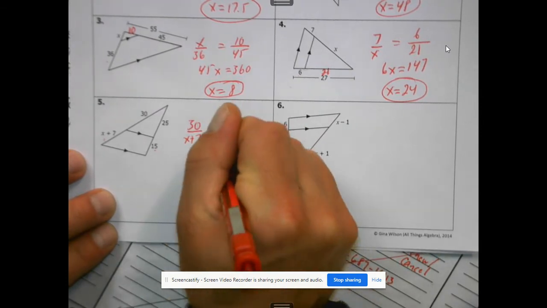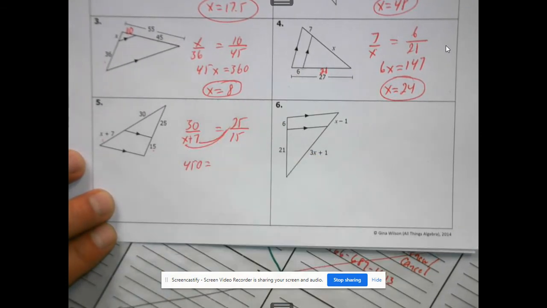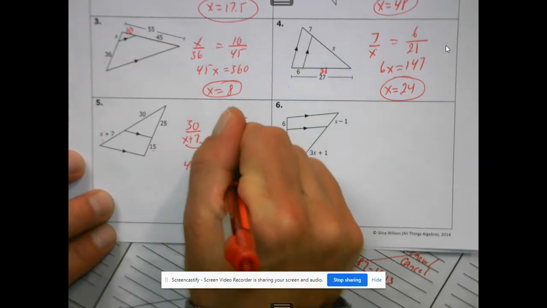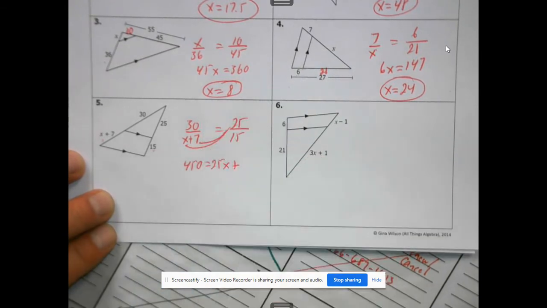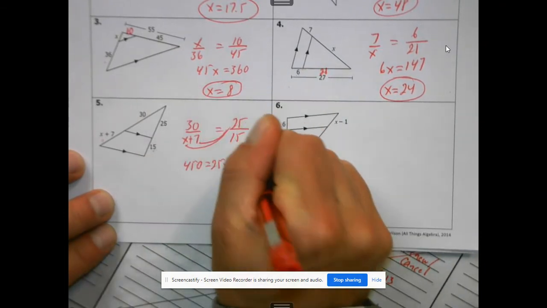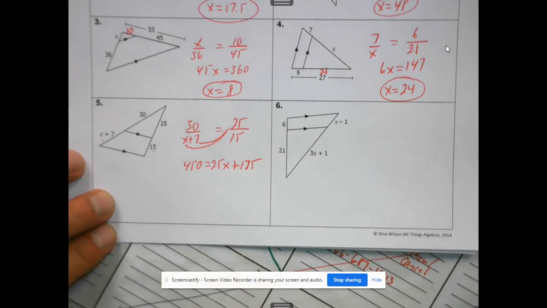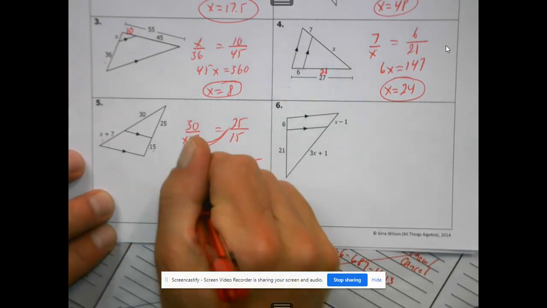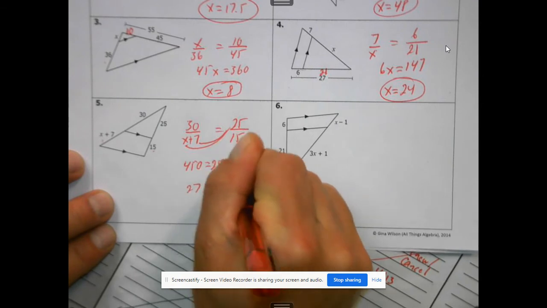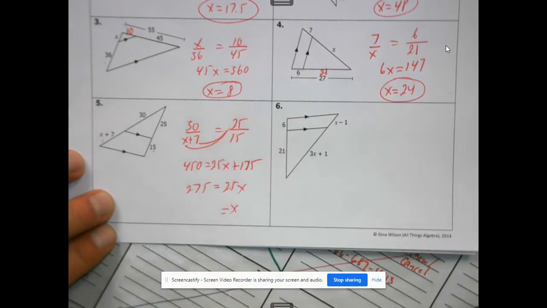Remember that 25's got to hit the x, and the 25's got to hit the 7 there. So you have 25x plus 175. Subtract the 175 over. That's 275. And then divide that by 25, and that is 11.